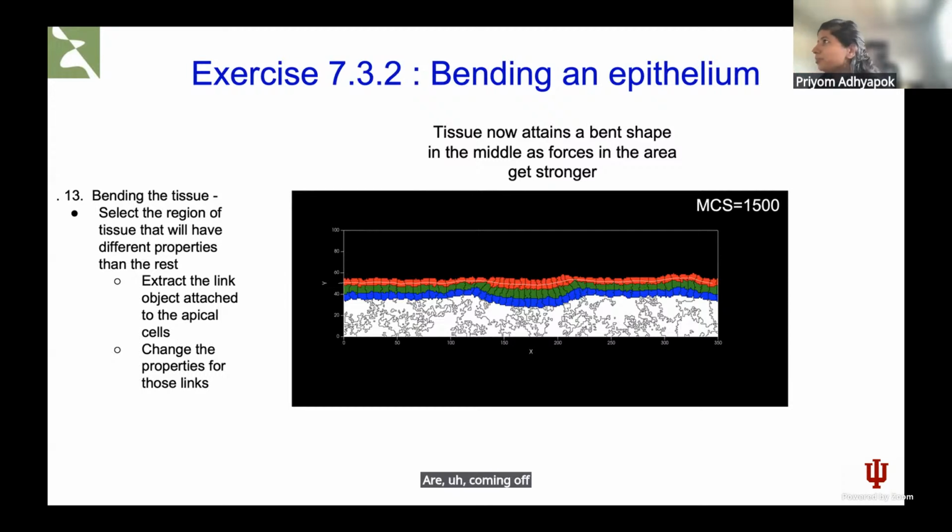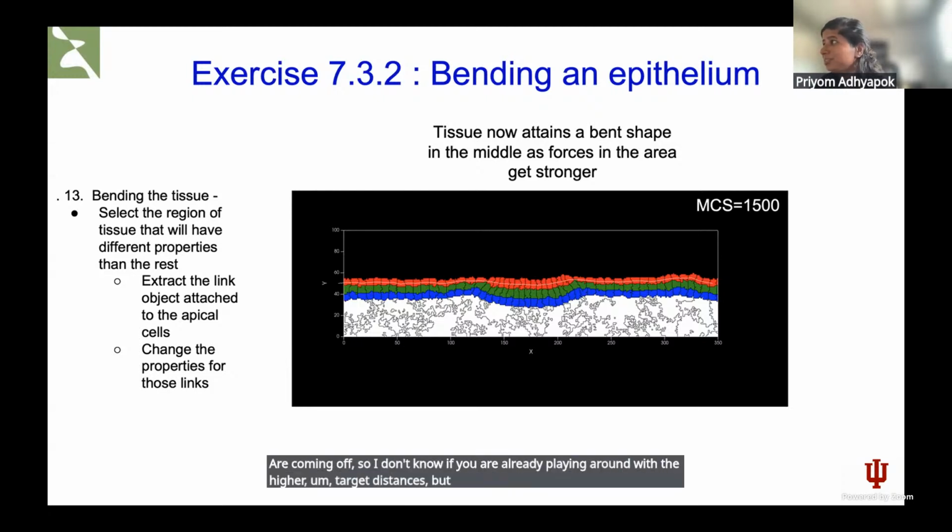So I don't know if you are already playing around with the higher target distances, but that's great to check out as well. So what are the values that will keep the cell layer together?